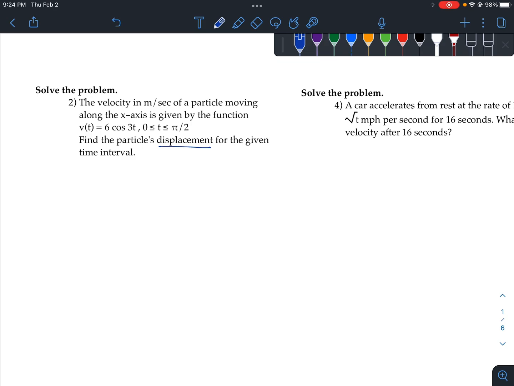So it doesn't really tell us where it started, but it doesn't matter, because all we need to do to find displacement is the integral from 0 to pi halves of 6 cosine of 3t dt.